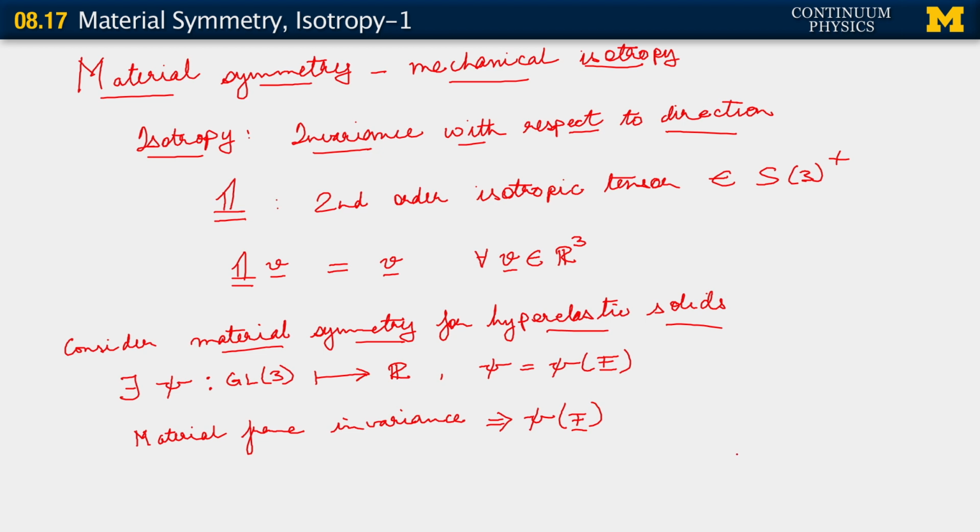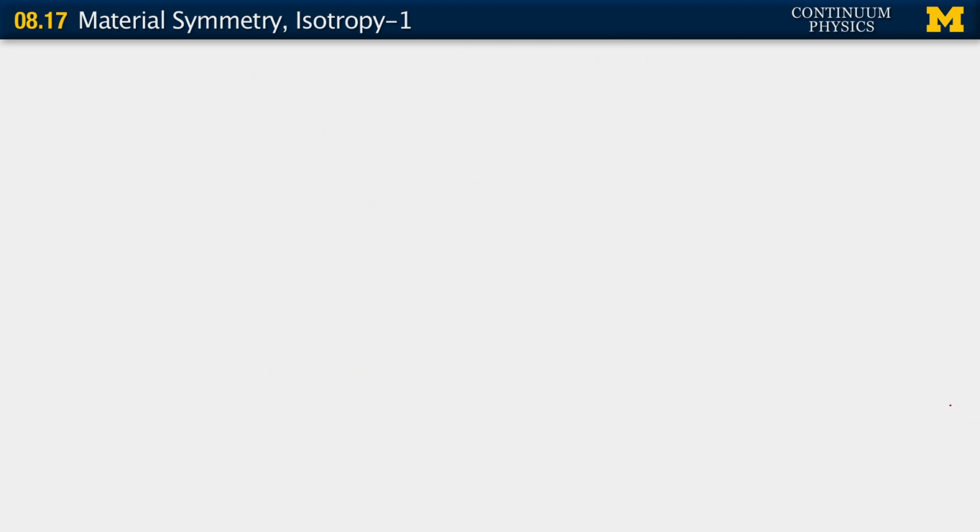We know that material frame invariance says that this function psi of F can be a function of F only through its stretch tensor, through the right stretch tensor. And in fact, once we make that observation, we immediately have these other representations for it, in terms of the right Cauchy-Green tensor, or in terms of the Lagrange strain tensor. So this is where we are starting. So let's draw a picture for what we would need here.